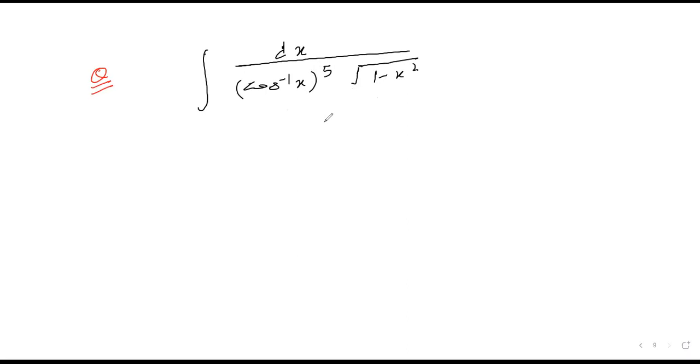So let cos inverse x equal t. Now you can write minus 1 divided by square root of 1 minus x square dx as dt, meaning dx upon square root of 1 minus x square is minus dt.